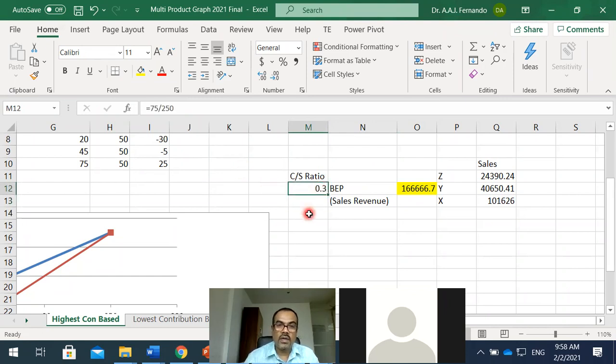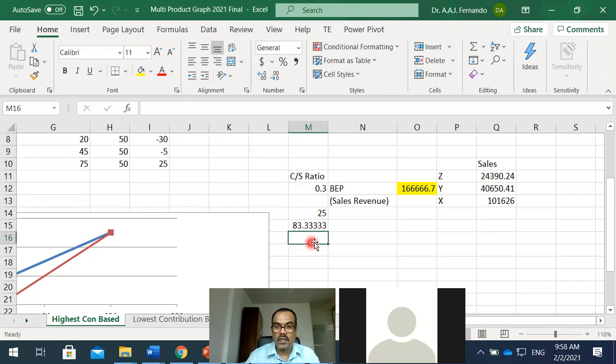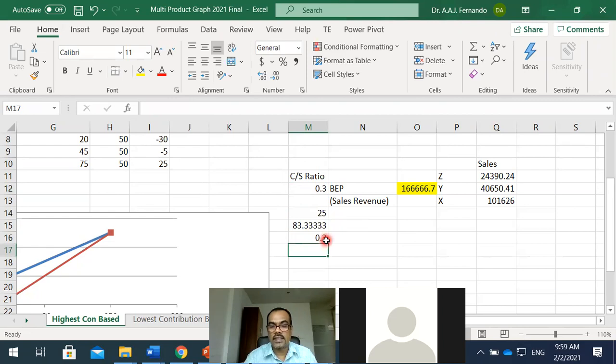Yeah, so you can calculate either way. Okay, so here, if you take 25 as the average contribution, average selling price, yes, of course, 250 divided by 3. Then it would be like this. It is 30%. You can see this Excel calculation. You can do either way.